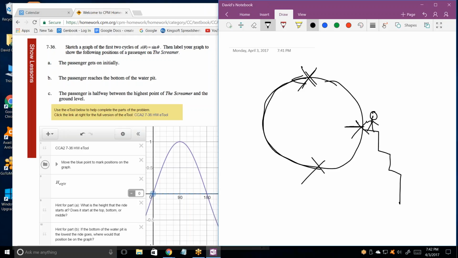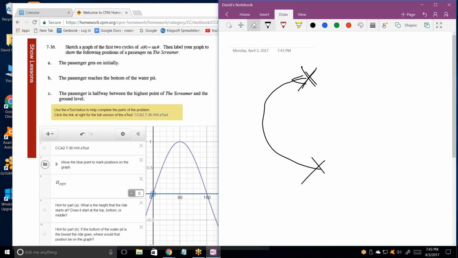Now, what if I change it a little bit, and instead of being up on stairs, you get on down here? In other words, here's our stairs, and here's the person getting on. Now they get on at the bottom, and they do nothing but go to the top. What kind of function is that?